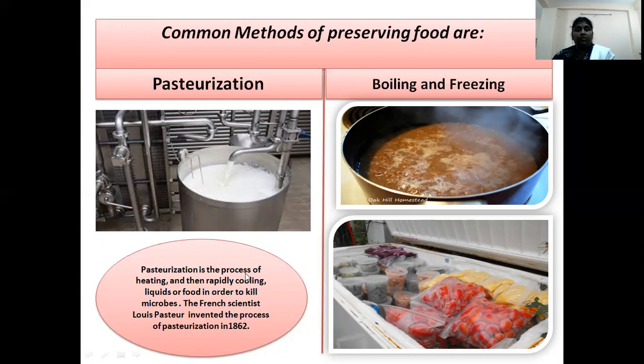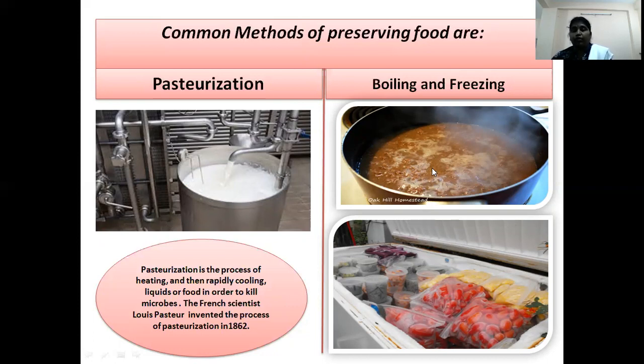With this process, the microbes present in it will be killed, and by following this method, the taste and texture of the food do not change. The French scientist Louis Pasteur invented this process, which we call pasteurization. He discovered it in 1862.